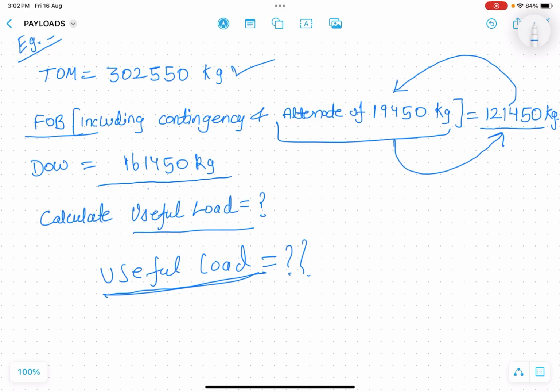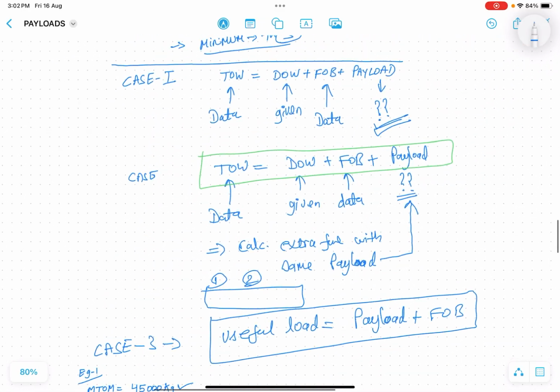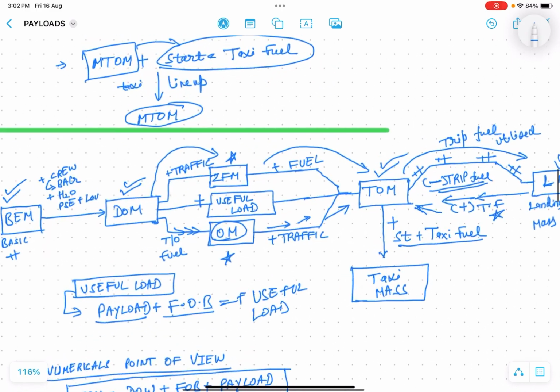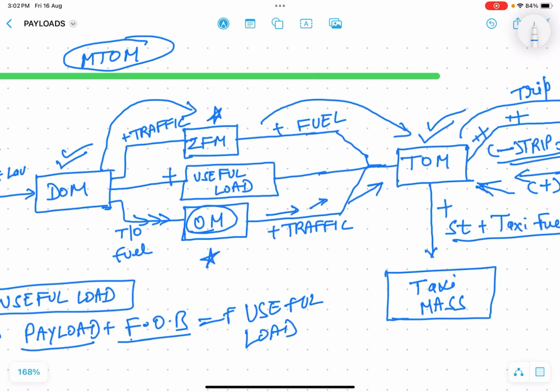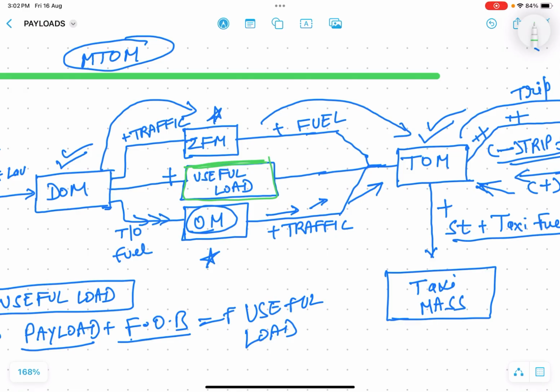For this, let me go back in the video to the flow chart. So this is our flow chart. You can see here that if we add useful load in dry operating weight or dry operating mass, we get our takeoff mass.